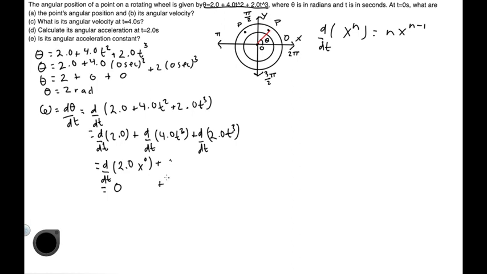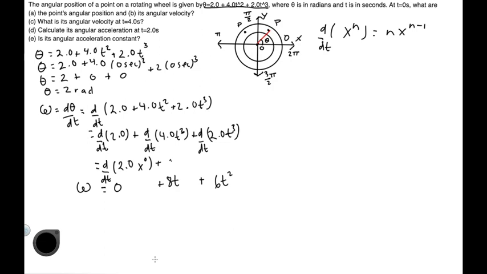And then for this derivative we have 2 times t to the 3rd power. So once again we bring down this 3 and then subtract 1 from the 3. That gives us 6t squared. So this is going to be the formula for the instantaneous angular velocity, right?